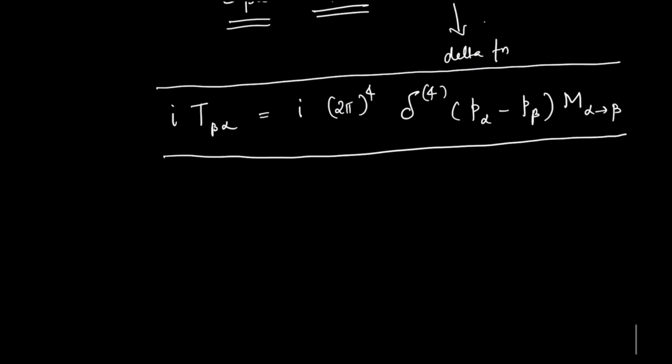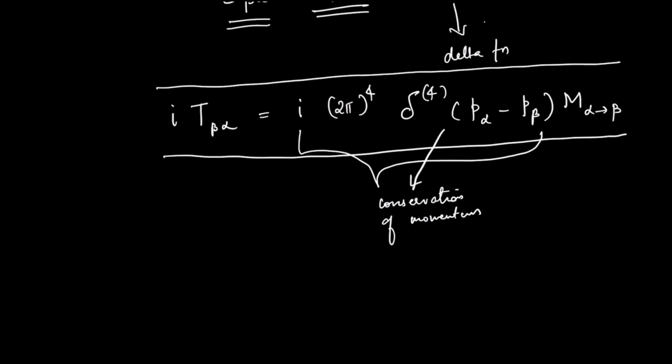This Dirac delta must be present for conservation of momentum. And all these terms are trivial terms. This is a constant, and this delta function is incorporated so that conservation of momentum is taken care of.